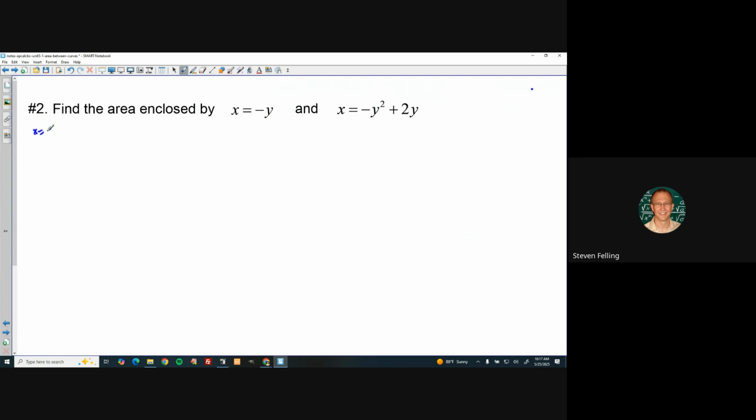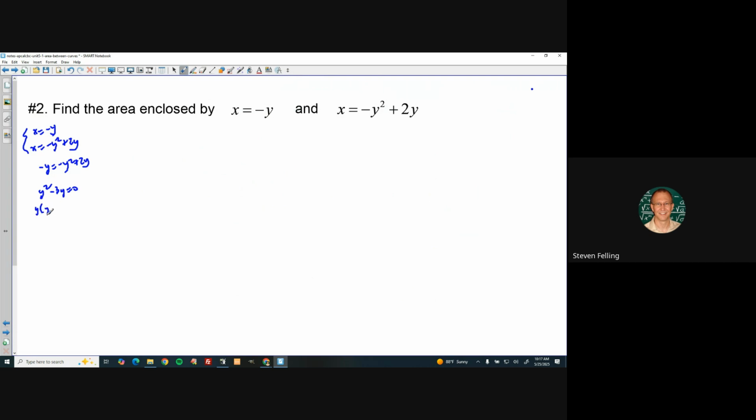X equals negative y, and also x equals negative y squared plus 2y, as a system means that negative y would equal negative y squared plus 2y, which means y squared, if I get everything on the left, and then subtract 2y more, is minus 3y equals 0.